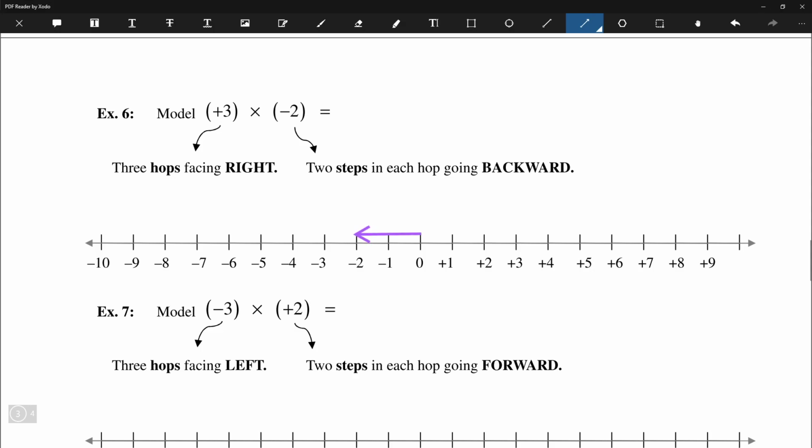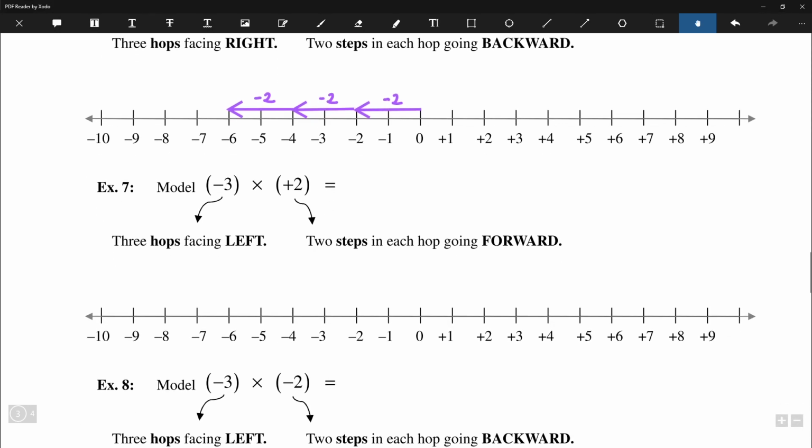Starting from 0, facing right, hopping backwards will take us to negative 2, then negative 4, and finally negative 6. So in this case, the product is negative 6. Each hop is negative 2. In example 7, we have negative 3 times positive 2.